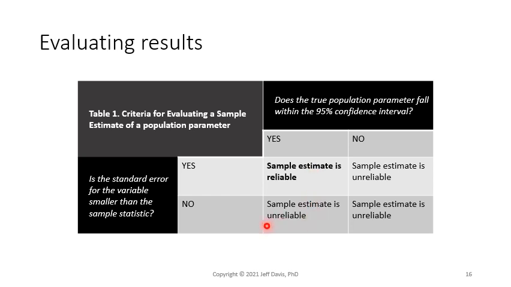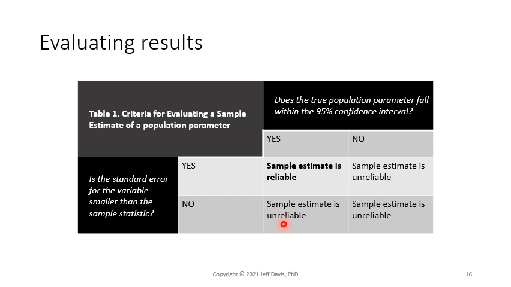If you have any other combination, say yes, the true population parameter falls within the 95% confidence interval, but no, the standard error is not smaller than the sample statistic, then you're looking at an unreliable estimate.